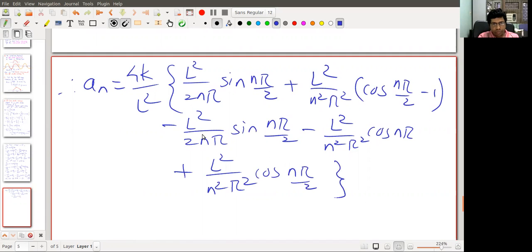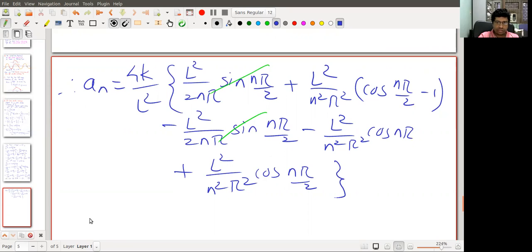Now L square upon 2n pi sin n pi by 2, this gets cancelled. Now there is L square upon n square pi square cos n pi by 2 twice.